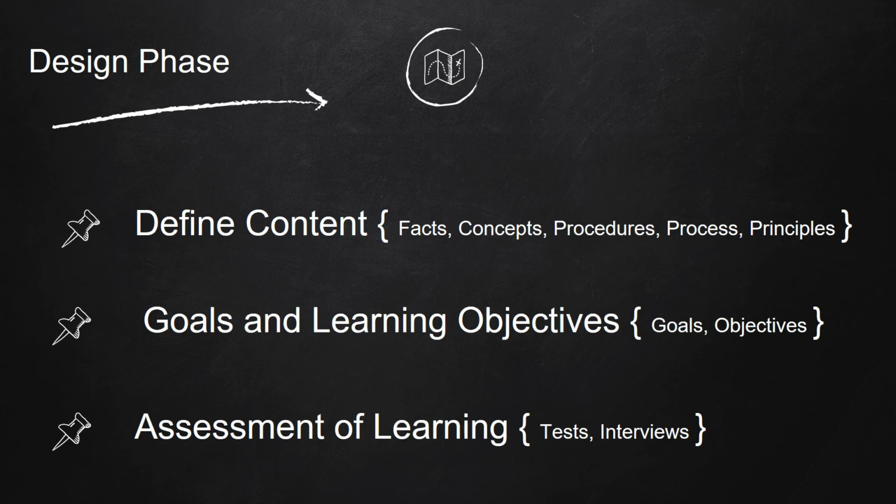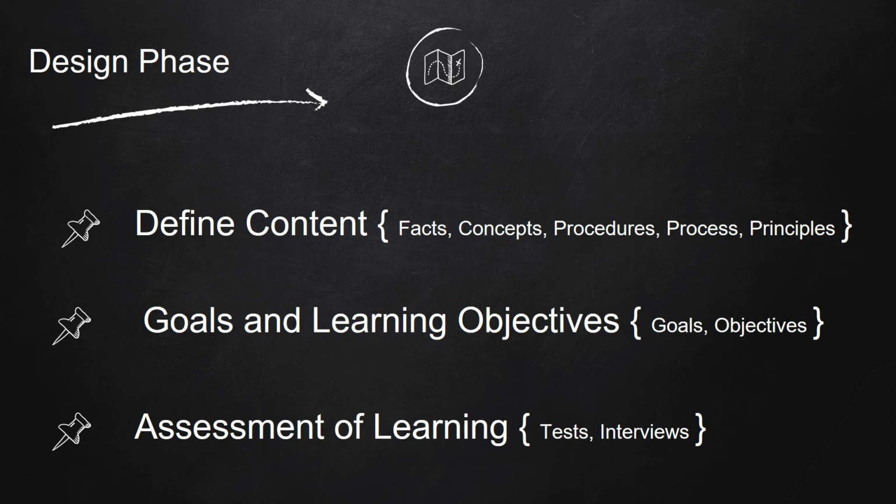And then the next step is defining the training goals and the learning objectives. So goals are the broad based aims of the training. For example, a goal will be like, by the end of training the participant would be able to do so and so effectively. But objectives are specific measurable tasks.